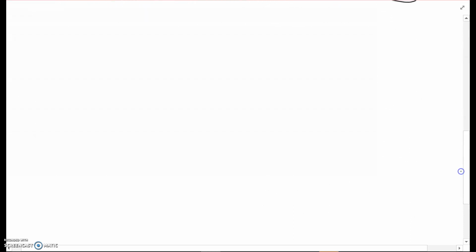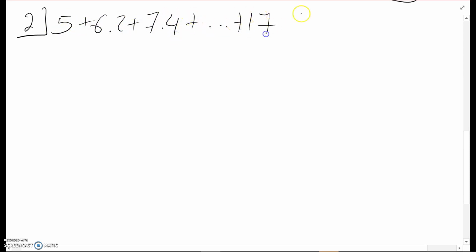Moving on to number 2. Find the sum. Okay, they give me 5 plus 6.2 plus 7.4 plus, and so on, up to 17. So the first thing I want to do here is, again, is it arithmetic or geometric? And did they give me the explicit formula? If you can't see what the formula is, you need to write it. That is your biggest tool.